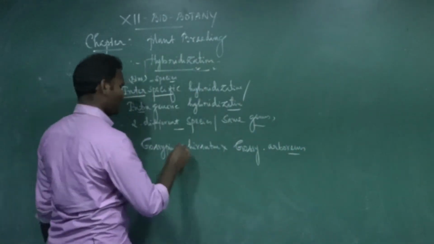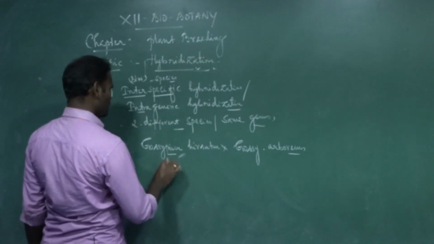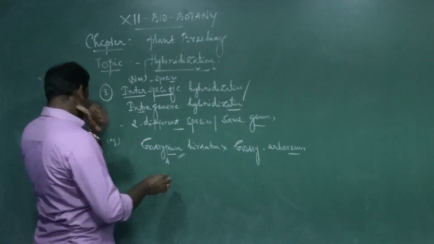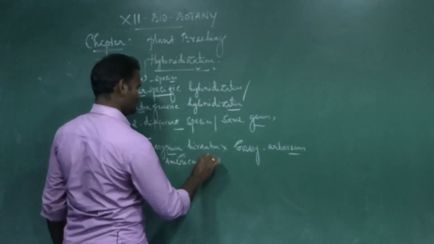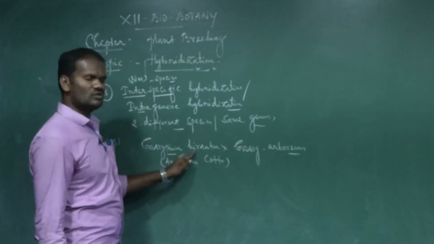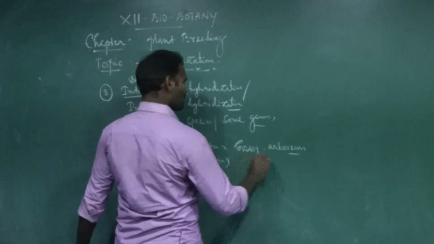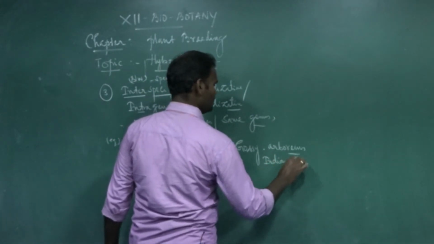Both are cotton varieties. Gossypium hirsutum is American cotton. Gossypium herbaceum is Indian cotton.